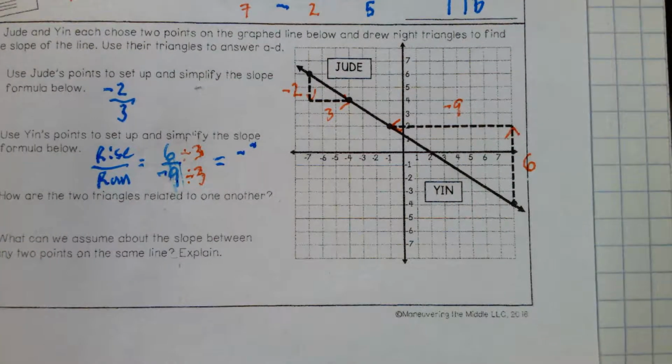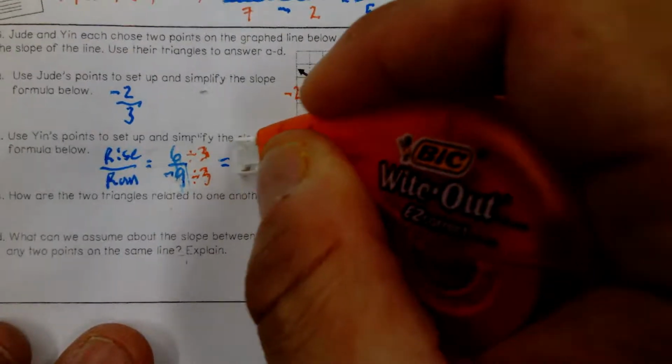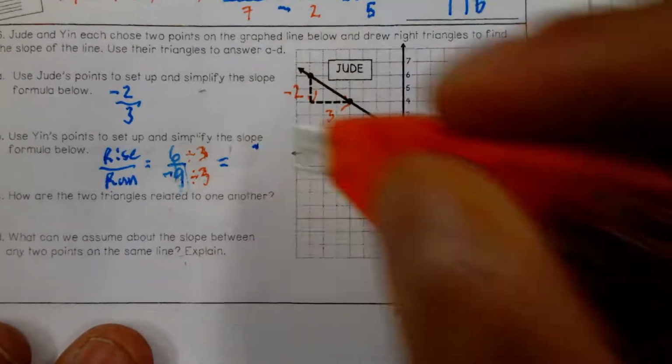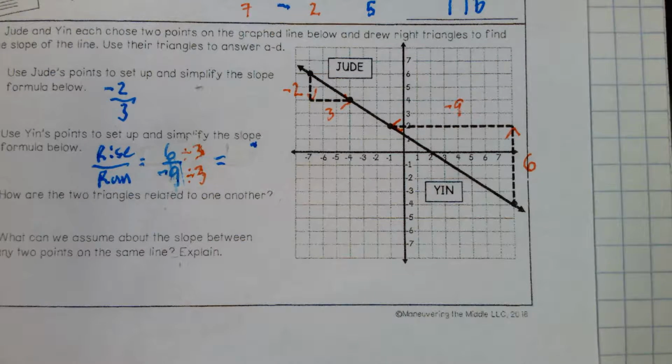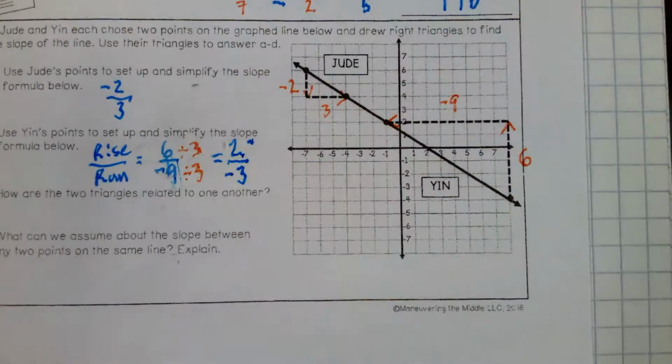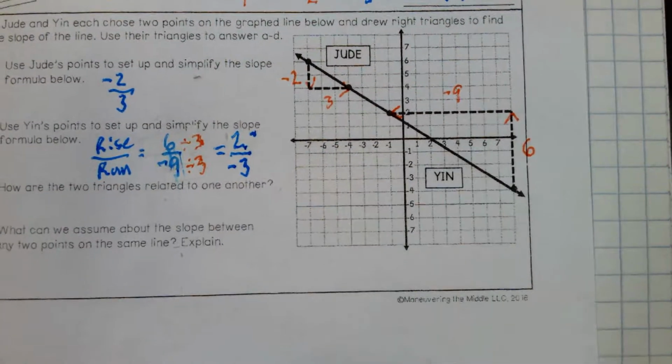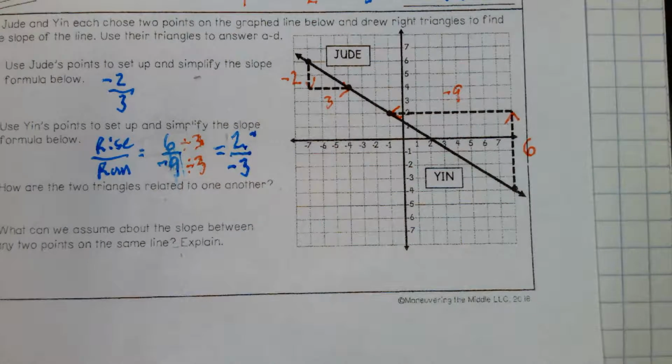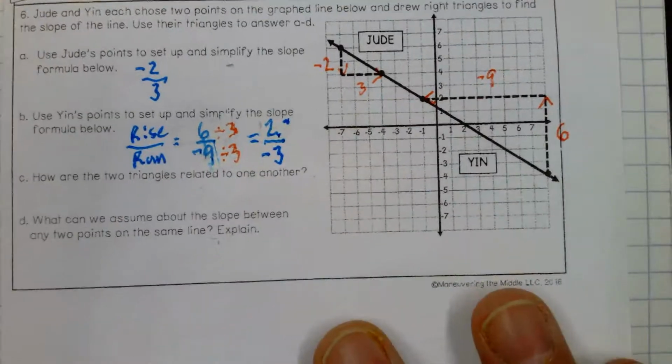Okay. So now, what do we get if we do that? 2 over -3. So basically, it's the same number. It's still -2/3. All right.